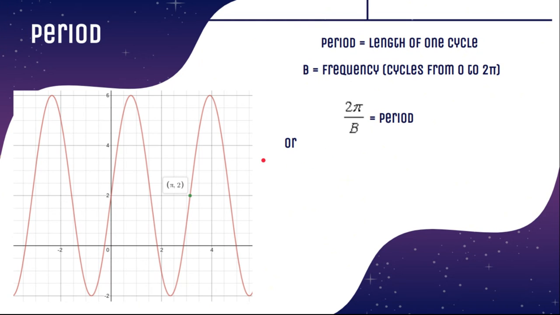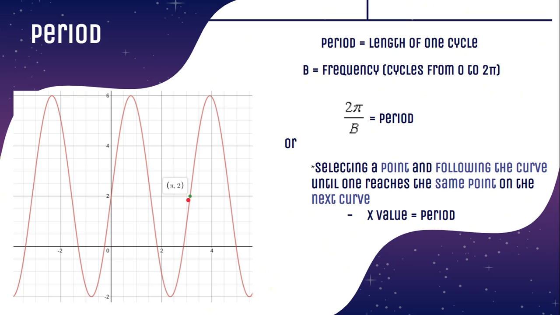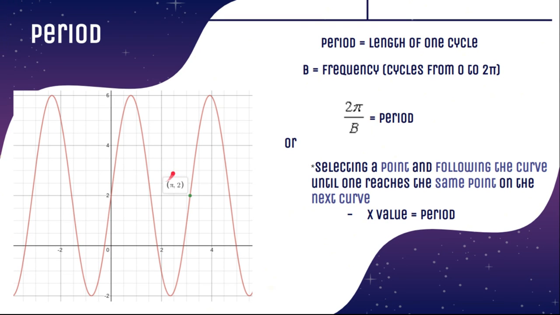But, however, another way to find the period is by choosing a point on the graph and following the curve until you reach the same point, but the only difference is that it is on the next curve. And once you find the new point, or the coordinate, you take the x value of it, and that is your period.